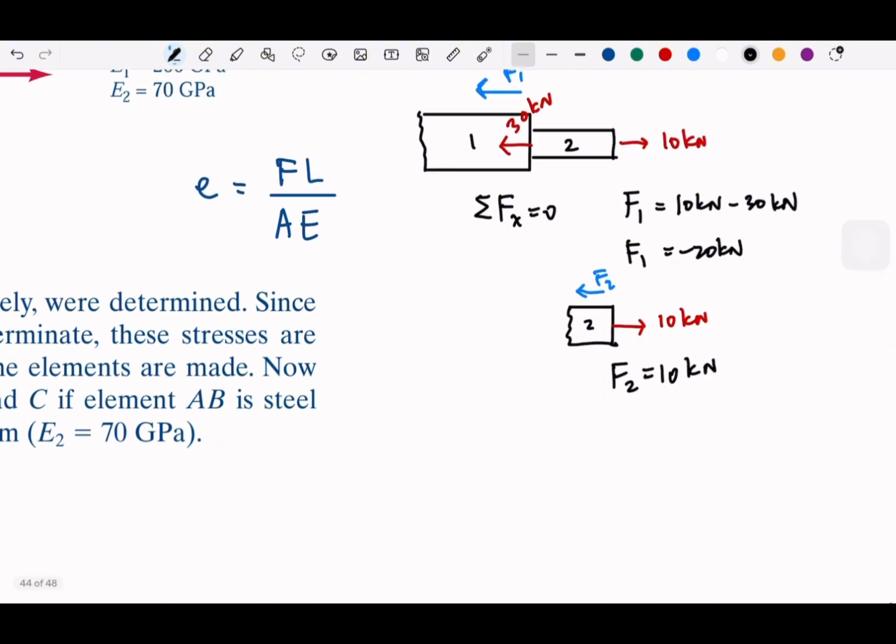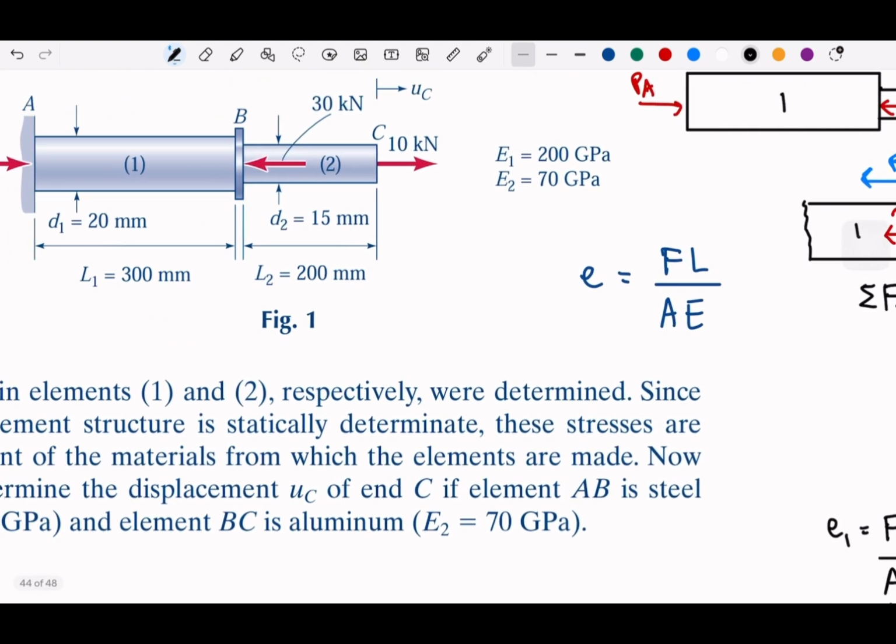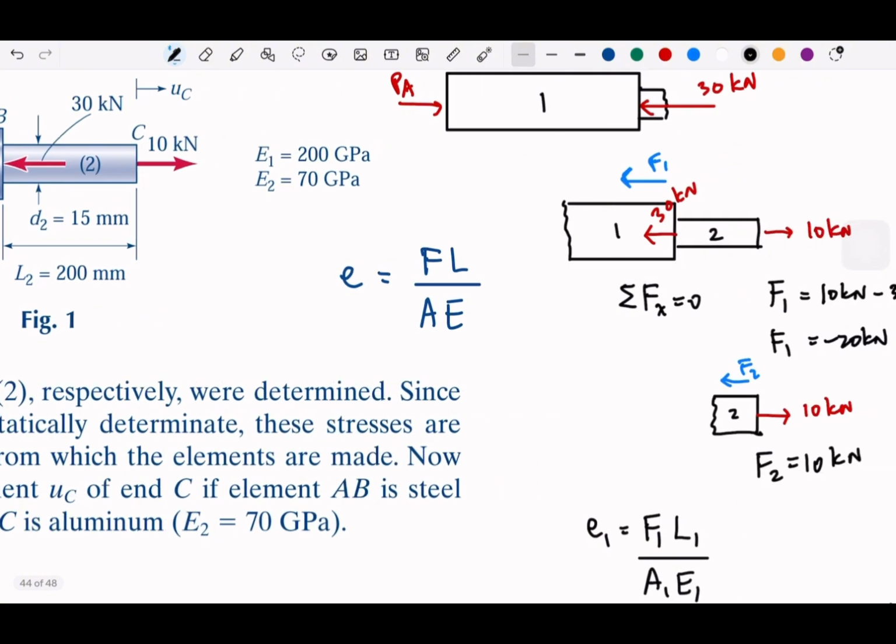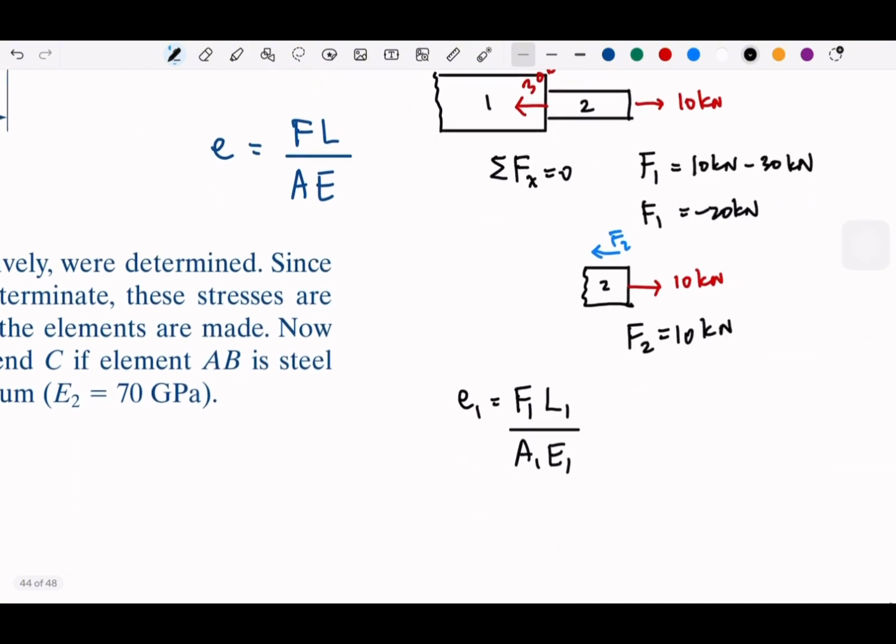Okay, now we take the elongation 1, which is F1 L1 over A1 E1, and we can compute everything with this information.